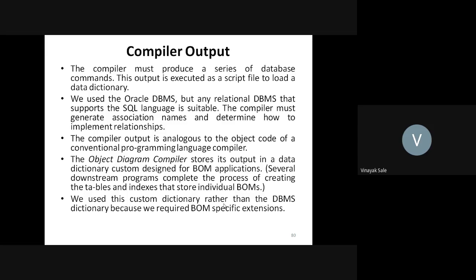We use the Oracle DBMS, but any relational DBMS that supports SQL is suitable. The compiler must generate association names and determine how to implement relationships. The compiler output is analogous to the object code of a conventional programming language compiler.